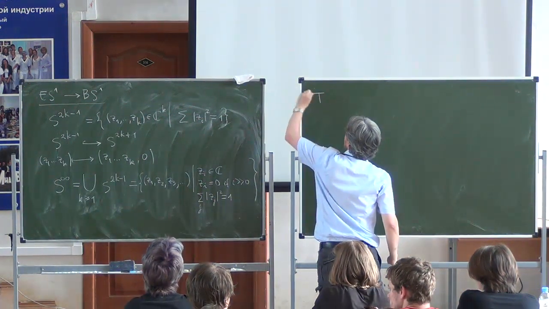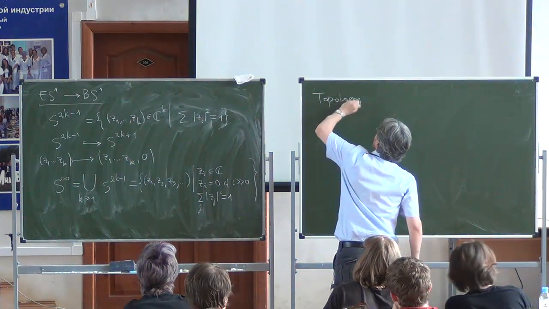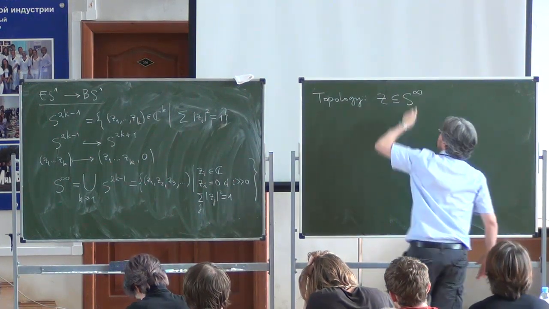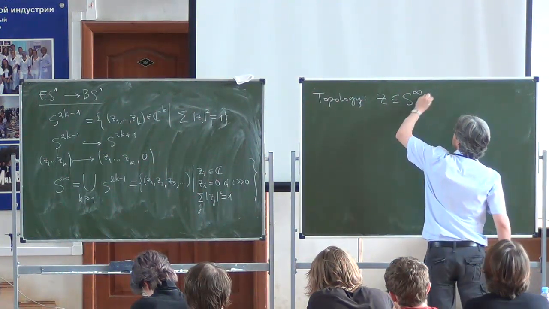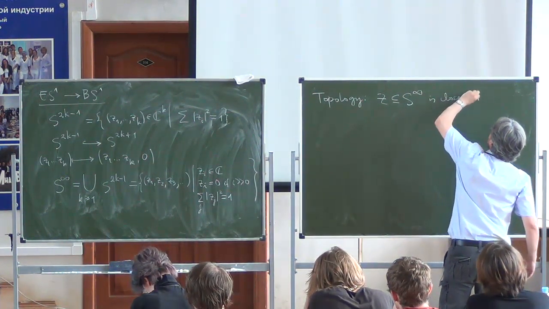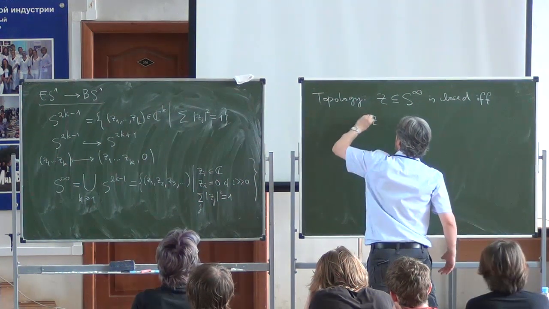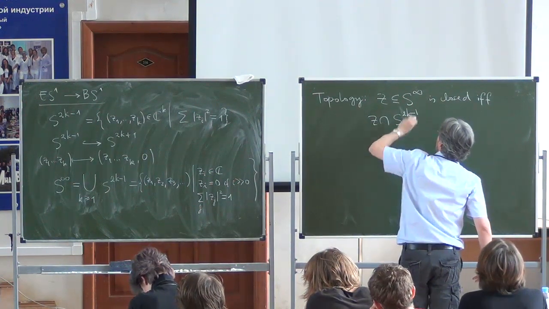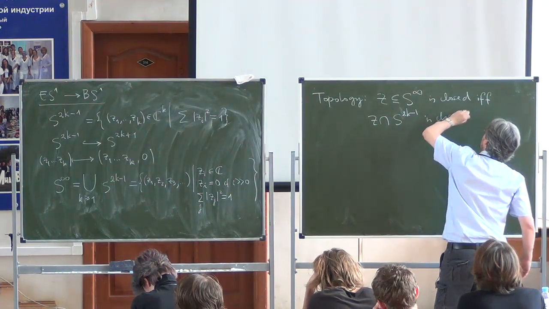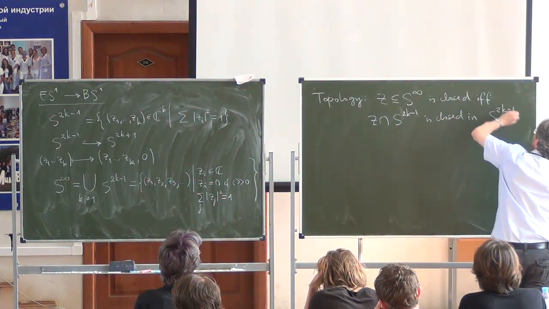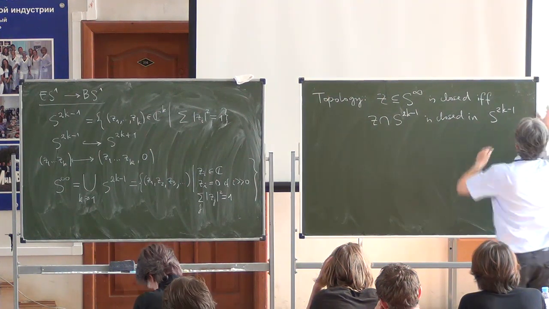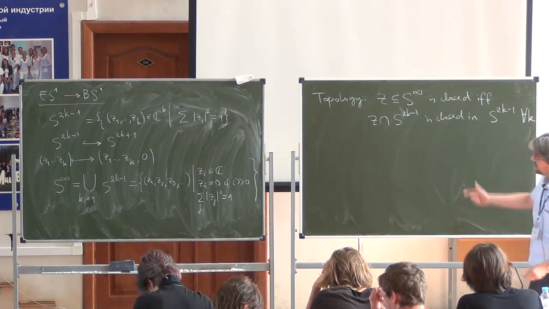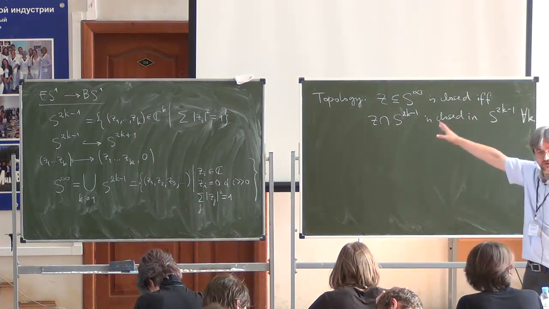Now, the topology is, by definition, the following one. So you declare that some subset Z is closed if and only if its intersection with all finite dimensional spheres is closed. Okay, and that's for every k. Okay, so this is the finite topology. Now I claim that this topological space is contractible.